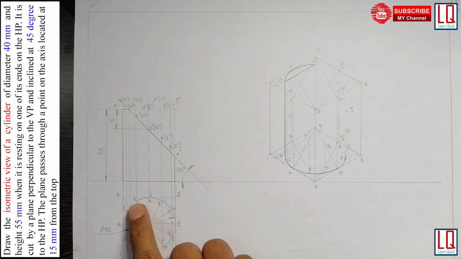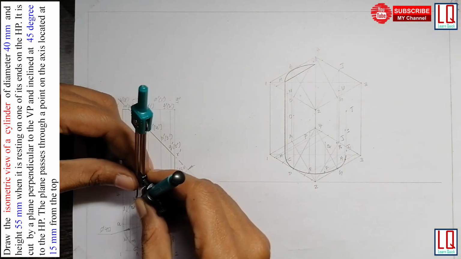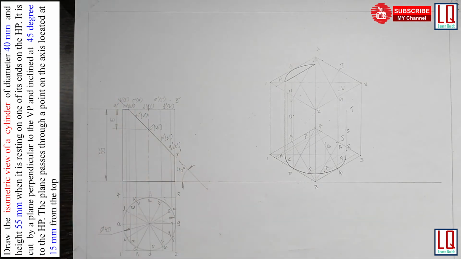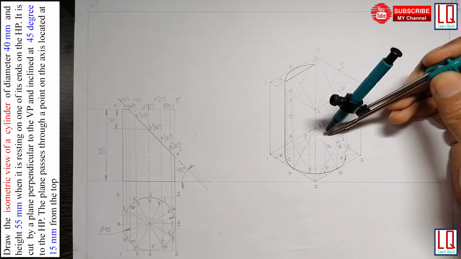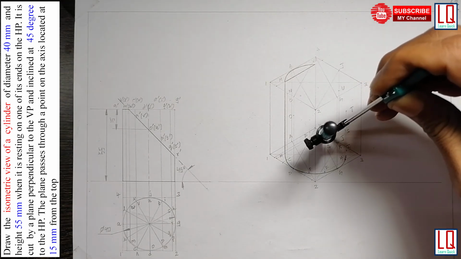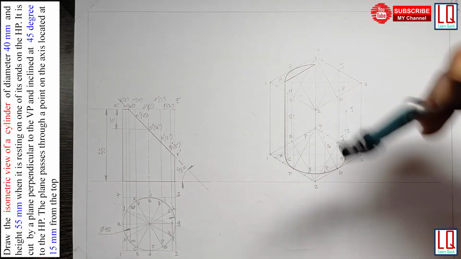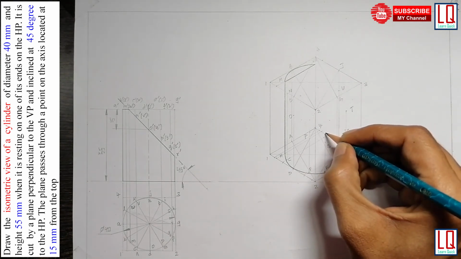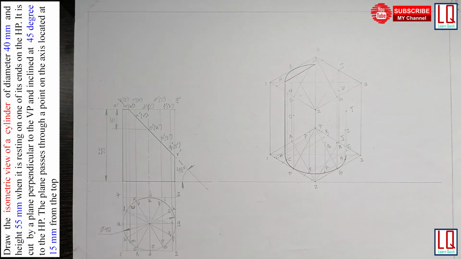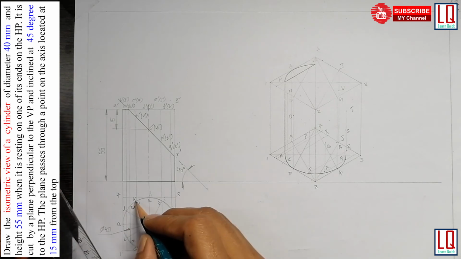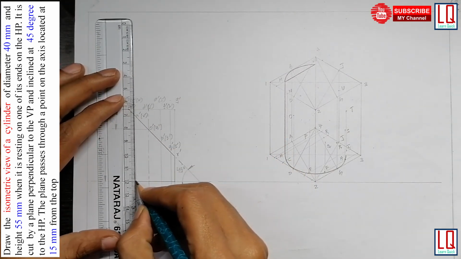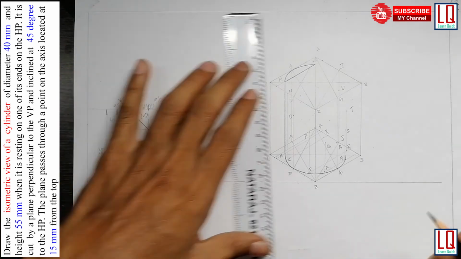Now to find point K, measure the distance from 4, 3 to K and mark from the reference line to find the point K. Mark it as capital K. So the corresponding point for K is V. I measure the height of point V, it is 50 mm.